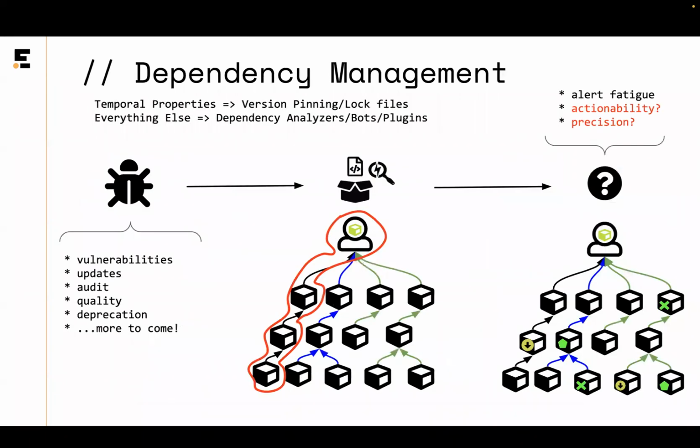And as I was saying, there are basically these two problems, temporal properties and large dependency trees. If you look into the state of the art, how have we been able to try to solve it? With temporal properties, we have something called version pinning or lock files. What I mean is that instead of specifying a version range for a dependency, you specify the exact versions that are locked.